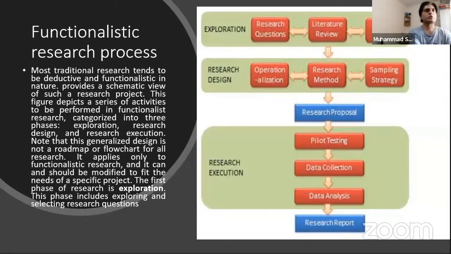This phase includes exploring and selecting research questions for further investigation, examining the published literature in the area of inquiry to understand the current state of knowledge in that area, and identifying theories that may help answer the research question of interest. So the first step in the exploration phase is identifying one or more research questions dealing with a specific behavior, event, or phenomena of interest.